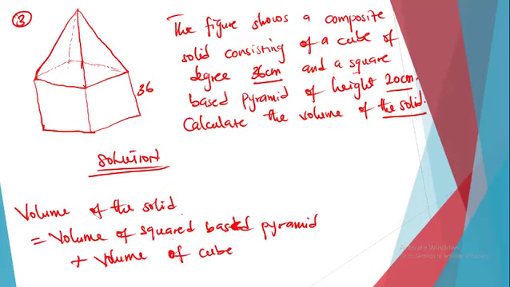Okay, so we need to find the volume of the square based pyramid and then find the volume of the cube and then add them together to get what? The volume of what? The square based pyramid. Is that okay? So the first thing we need to do now is to find the volume of the square based pyramid and then find the volume of what? The cube. Let's go to the next page.